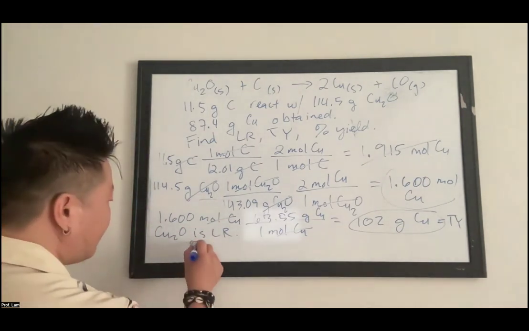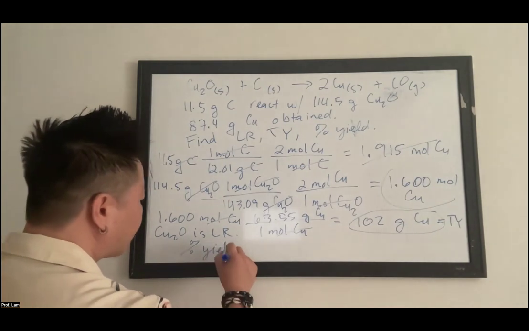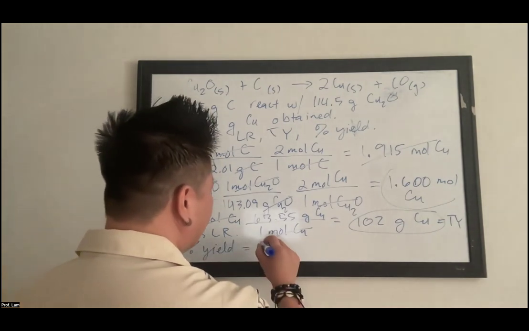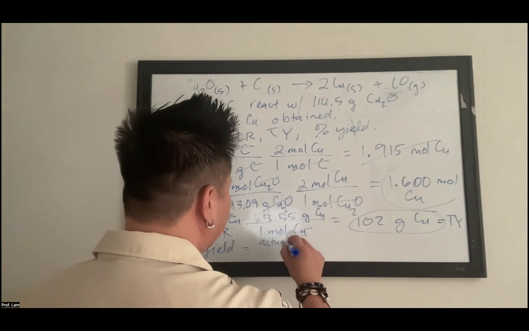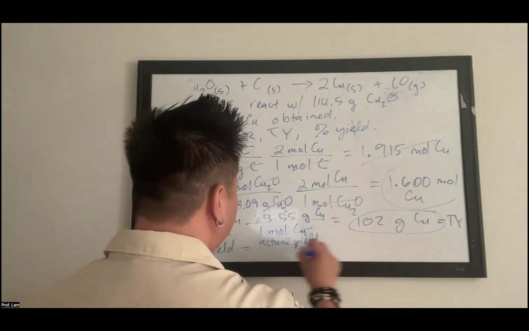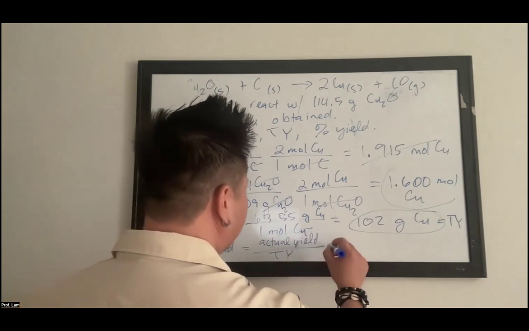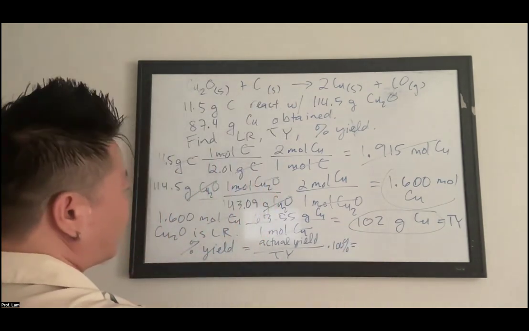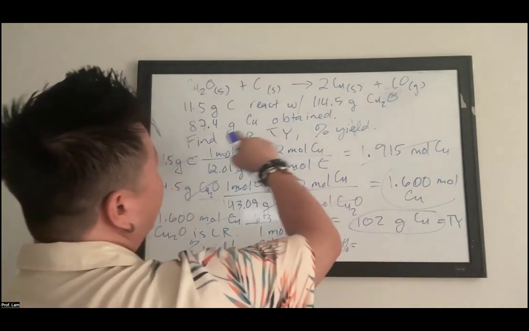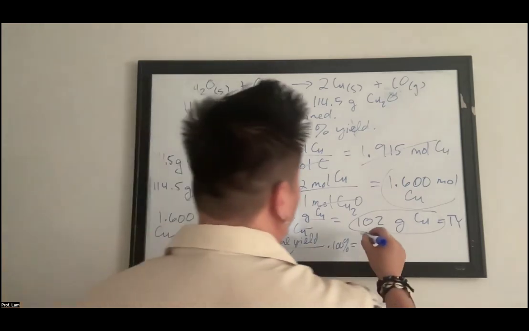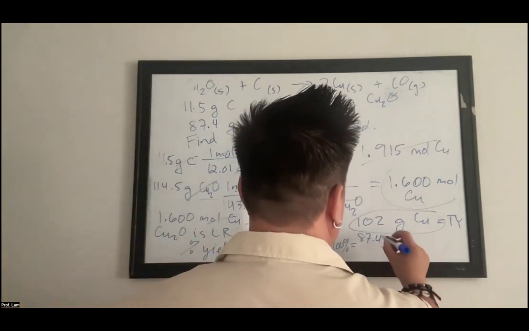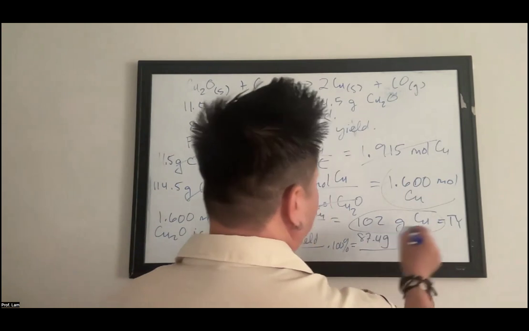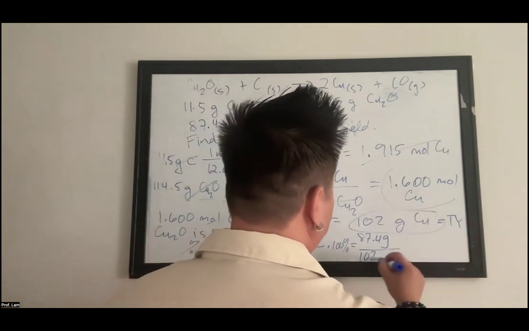And now the percent yield is our last thing. Percent yield is equal to actual yield divided by theoretical yield times 100%, right? So what is our actual yield? 87.4 grams. Divide by the theoretical yield is 102 grams.